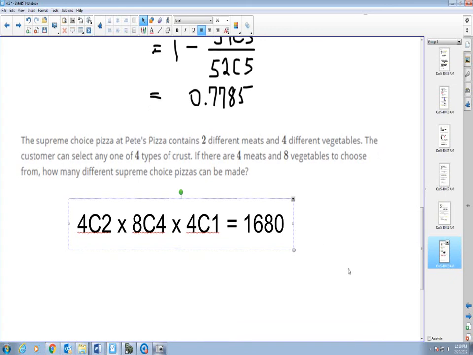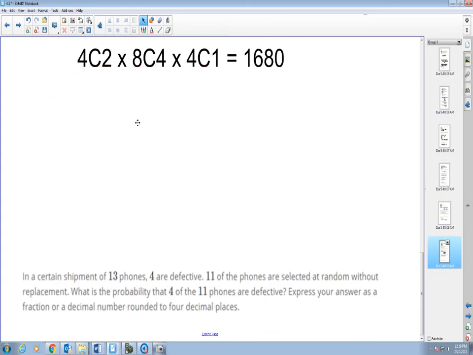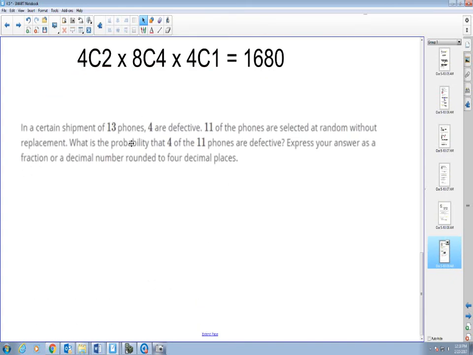Alright, I'm going to end this lecture video with this problem. Very interesting problem. In a certain shipment of 13 phones, 4 of them are defective. 4 of them don't work. Out of the 13 phones in the shipment, we can select 11 of them without replacement.